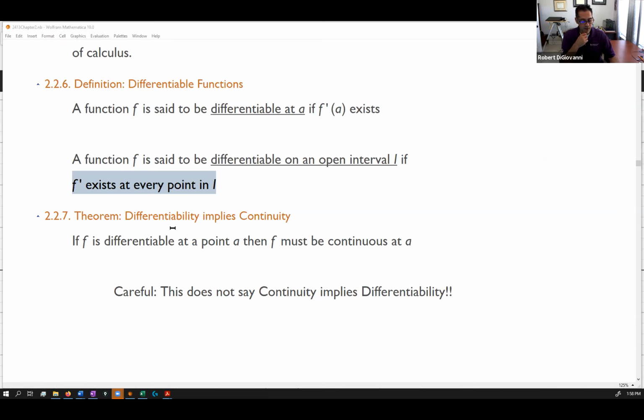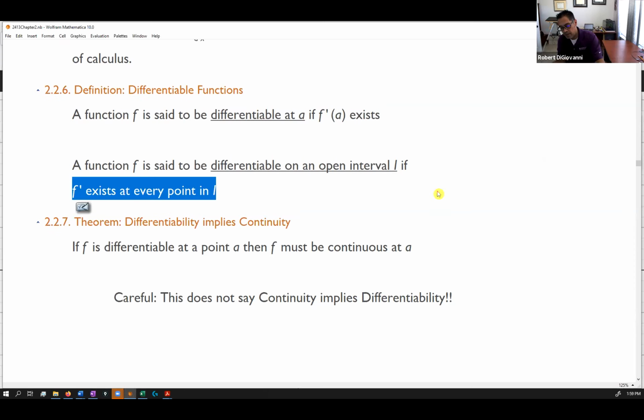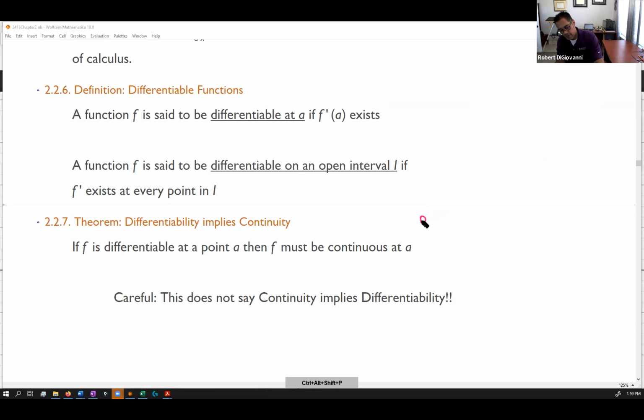If a function is differentiable at a point a, then the function must be continuous there. If the function is differentiable at a, then it must be continuous. So differentiability implies continuity.